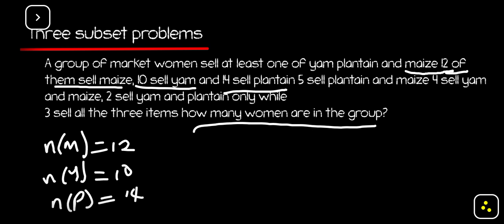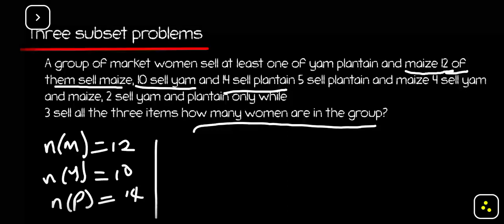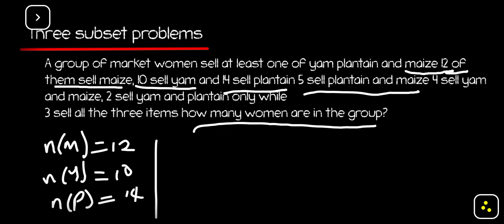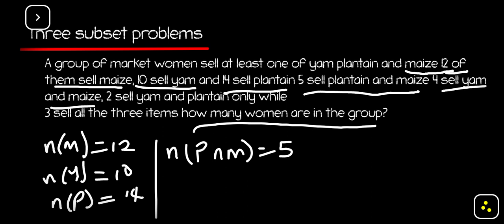Now 5 sell plantain and maize, so we'll say number of plantain and maize, 5. 4 sell yam and maize, so we'll say number of yam and maize, 4.